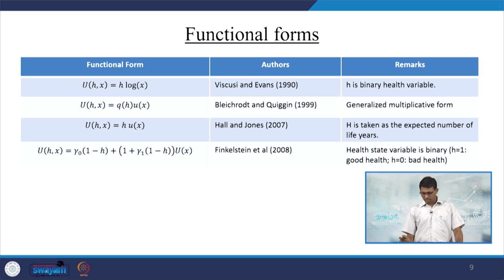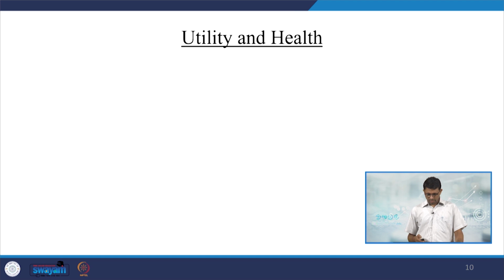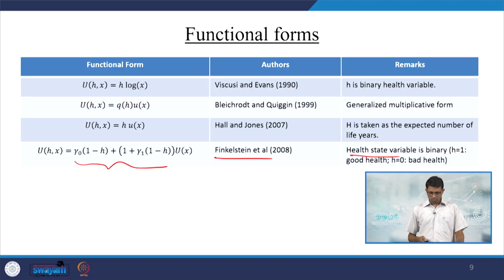And in the last one, Finkelstein's 2008 paper, which we will refer to more in our work, the expected utility function is greatly explained, especially emphasizing the health state variable in detail. Therefore, our explanation will emphasize this more. You can read the year of their publication as well.